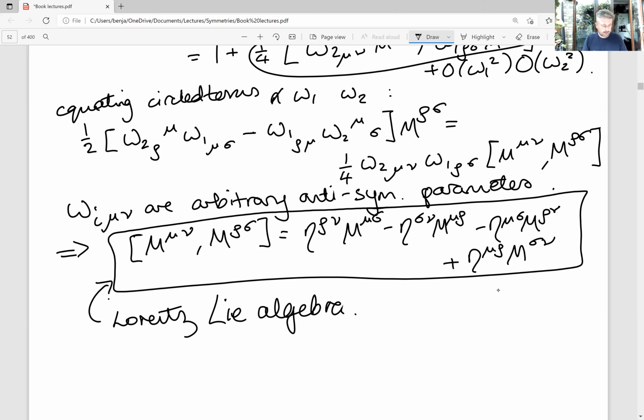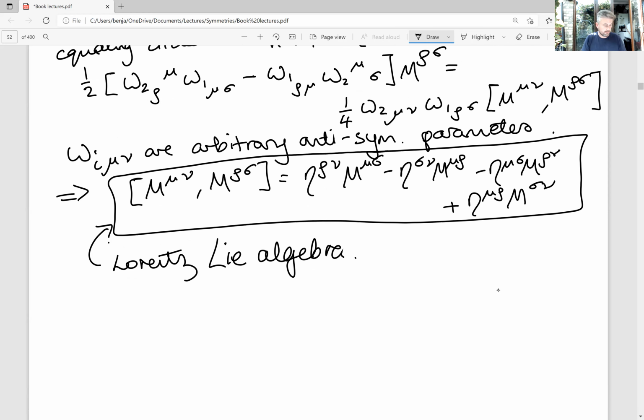To get from the previous line to this takes about three or four lines of algebra. You can see those lines in the book if you are having difficulty doing them for yourself. So what I want to do is look at this Lorentz Lie algebra in more detail now and separate out the space part of it first.